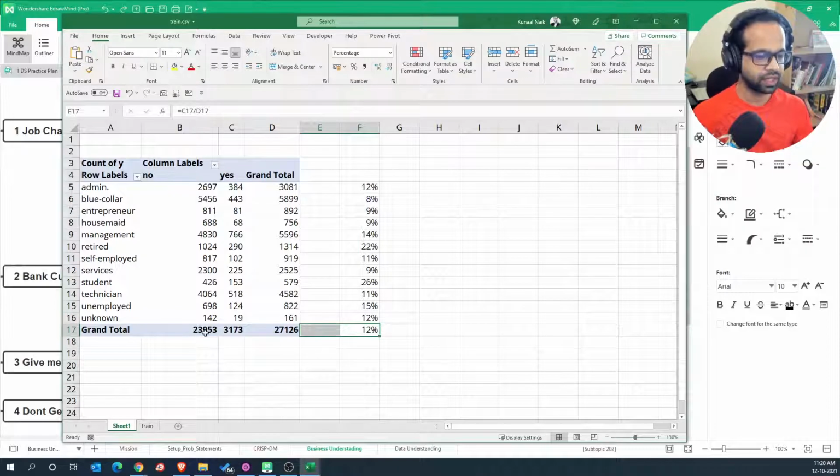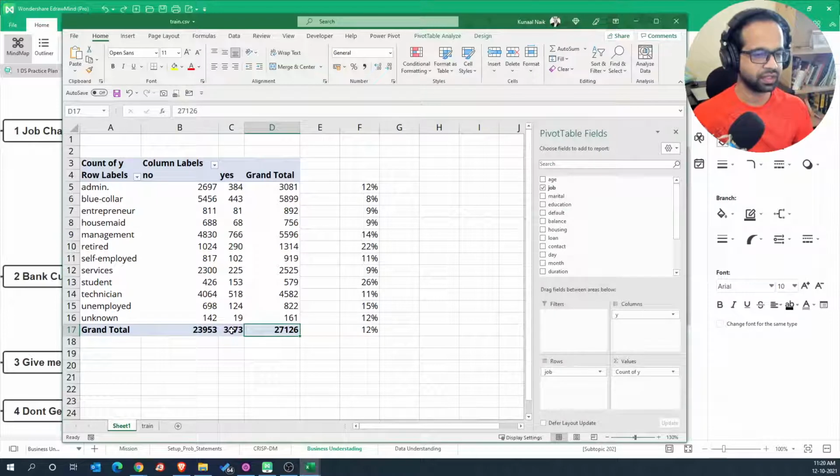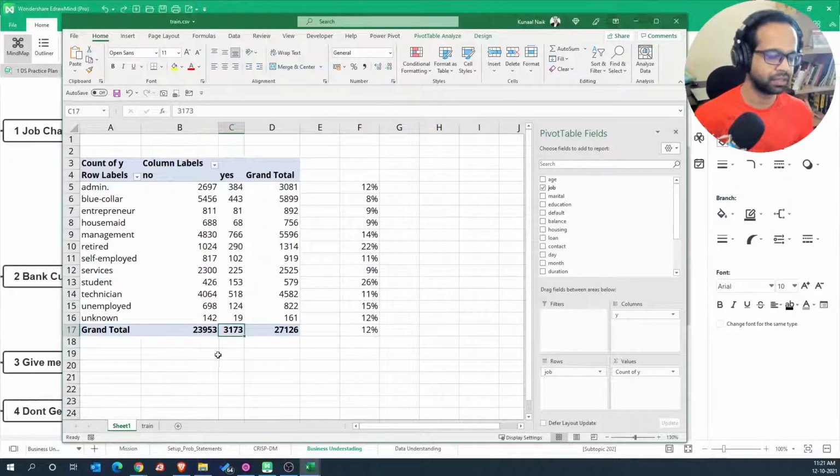Out of like 27,000, the marketing team needs, let's say, a list of 5,000 customers that they can target so that they can get a similar conversion of, let's say, 3,000, or just 80% of the 5,000 people, right?